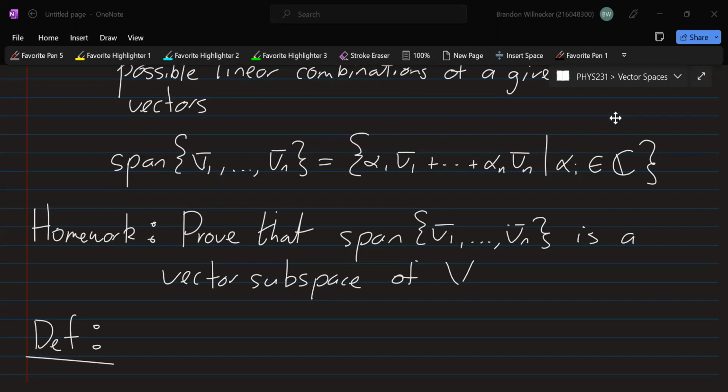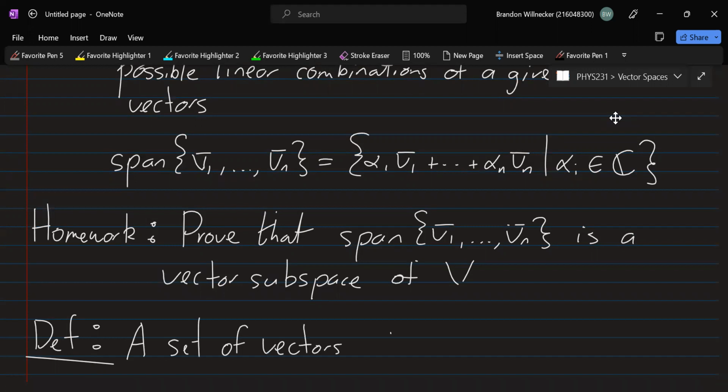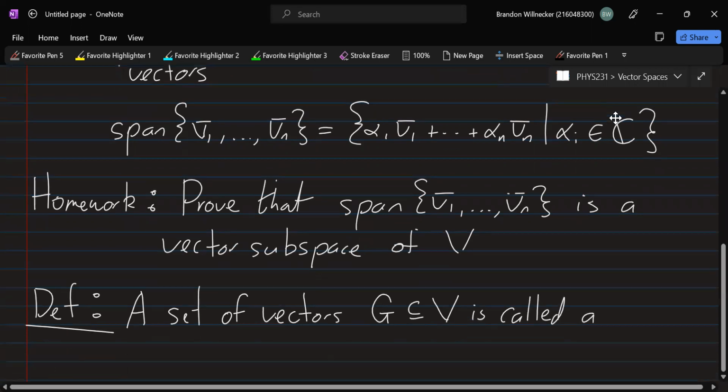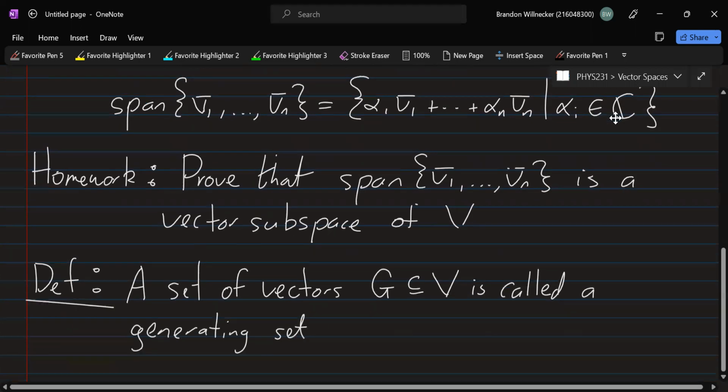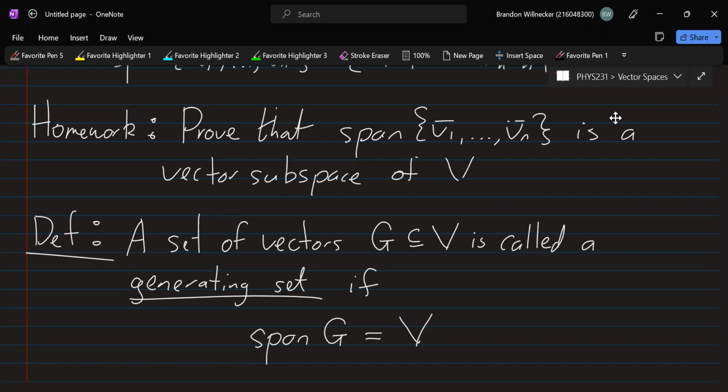So next definition: a set of vectors G, which is a subset of V, so it doesn't have to be a vector subspace, just a subset, is called a generating set if the span of G is equal to the vector space V. In other words, any element in V can be represented as a linear combination in G.